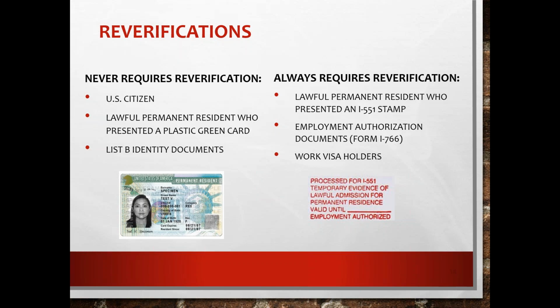Sometimes you might see 2 years, but that type of permanent residence does have to be re-verified. So that's kind of an easy way to distinguish between the two. Other types of work authorization that will be re-verified, and we're going to talk about these in a little more detail, are an employment authorization document, or Form I-766, and the work visa holders that we talked about before. All of those will certainly have to be re-verified.